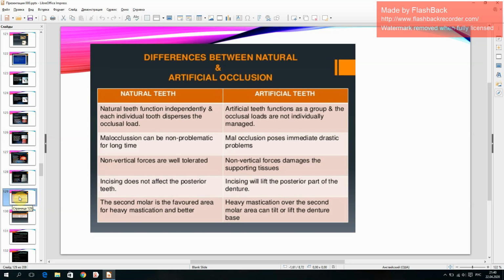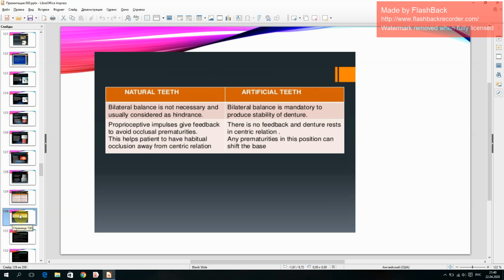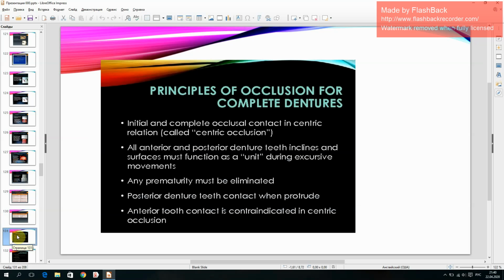Difference between natural and artificial occlusion: natural teeth and artificial teeth. Principles of occlusion for complete dentures. Initial and complete occlusal contact in centric relation is called centric occlusion.